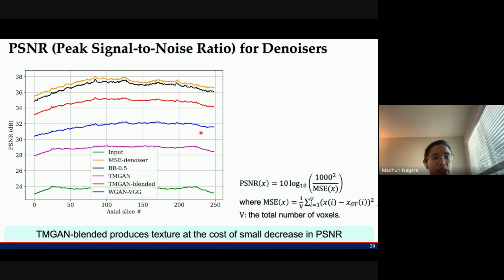That's why we propose this TMGAN blending, and it gives much higher PSNR with much better texture and detail. Wasserstein GAN VGG, which is the benchmark from literature, gives a PSNR somewhere between TMGAN and TMGAN blended.